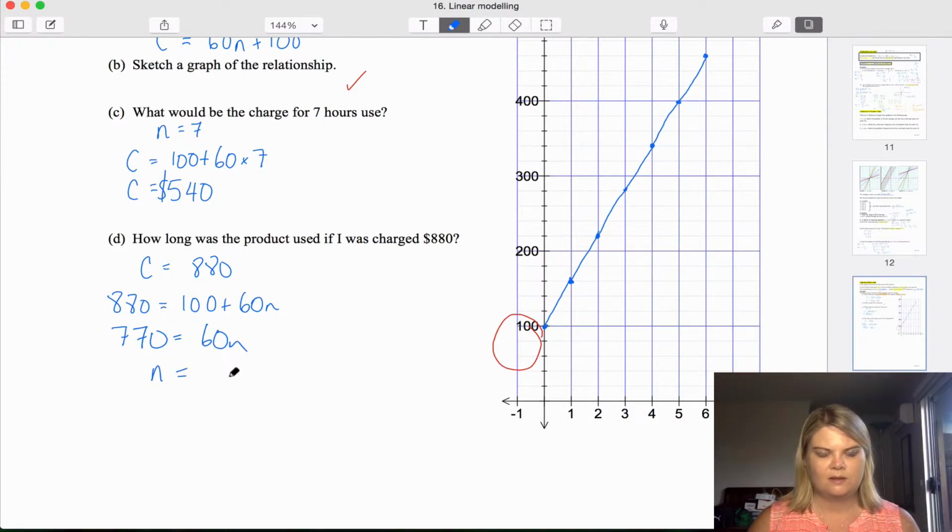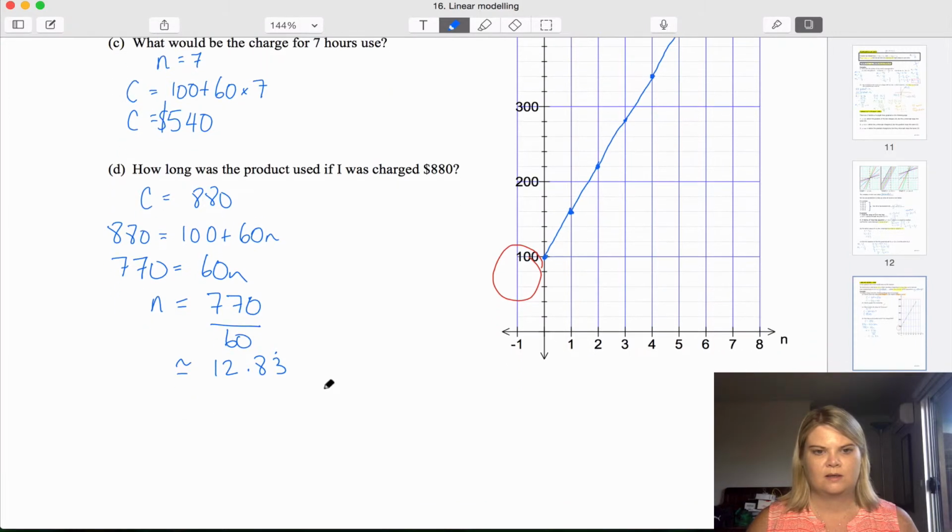N equals 780 on 60, which is 12.83 repeating, and we know that is 12 hours.